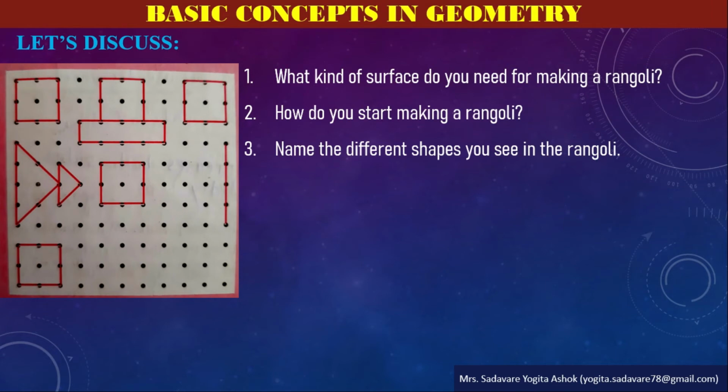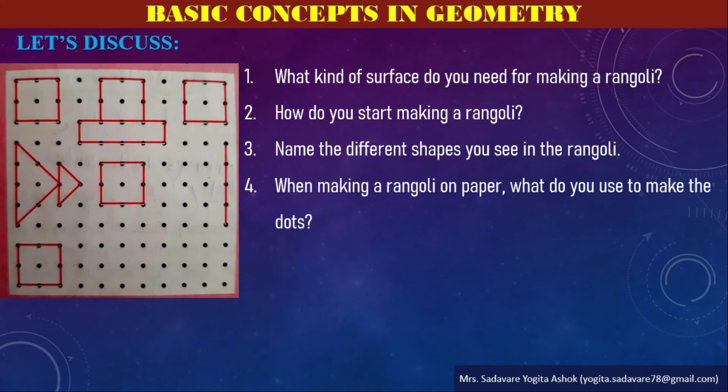Name the different shapes you see in the rangoli. The answer is square, rectangle, and many more. When making a rangoli on paper, what do you use to make the dots? The answer is pen or pencil.